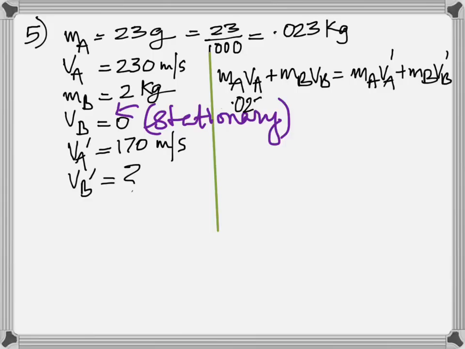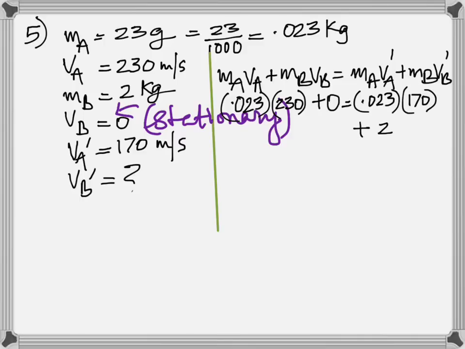Plug in the numbers. 0.023 times 230 plus 0, right, is equal to 0.023 times 170 plus, what's the mass? 2 times VB prime. You get 5.29 is equal to 3.91 plus 2 VB prime.